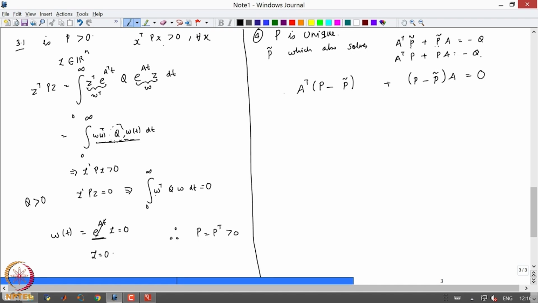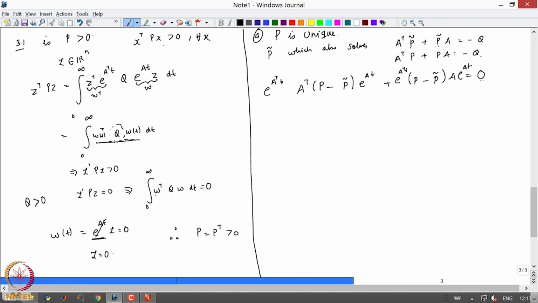Okay, so let me do a little trick here. I multiply this on the left by e power A transpose t, and on the right by e power A t. Similarly here, I multiply on the left by e power A transpose t, and on the right by e power A t. This will still be 0, the right hand side will not change.